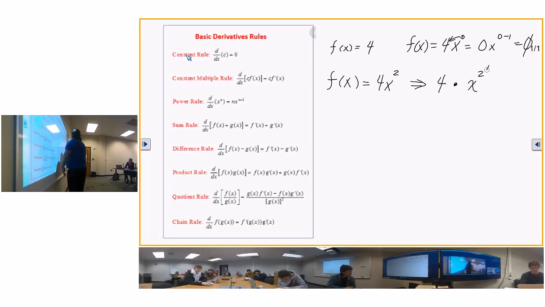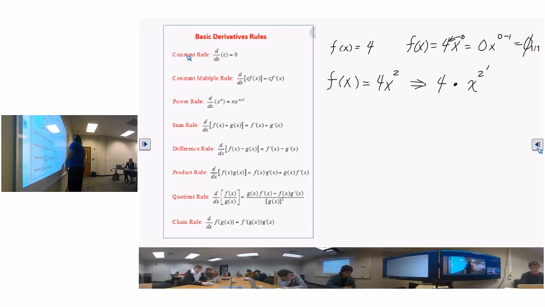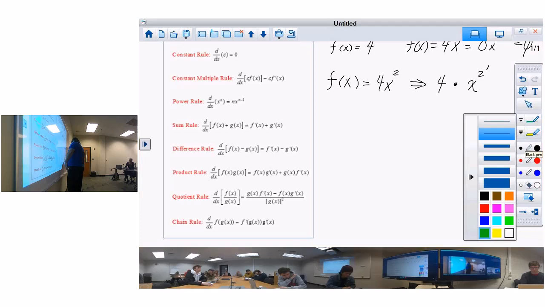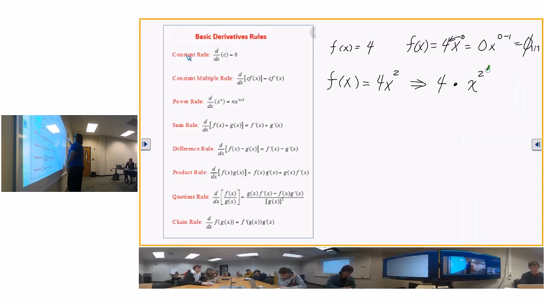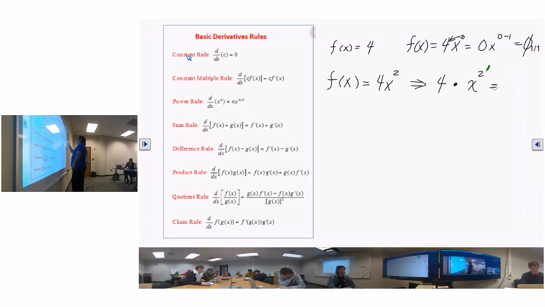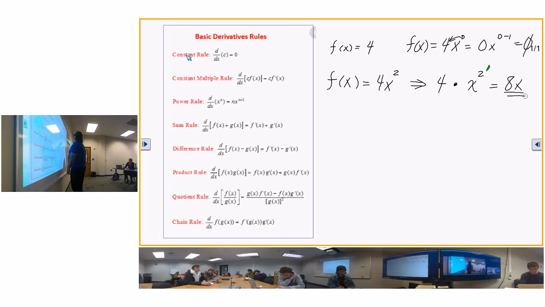I'm going to put the prime up there and color it green so you can see that I'm taking the derivative of x squared, and that's going to give me 2x. So I take the derivative of x squared, which is 2x, multiply times 4 and get 8.